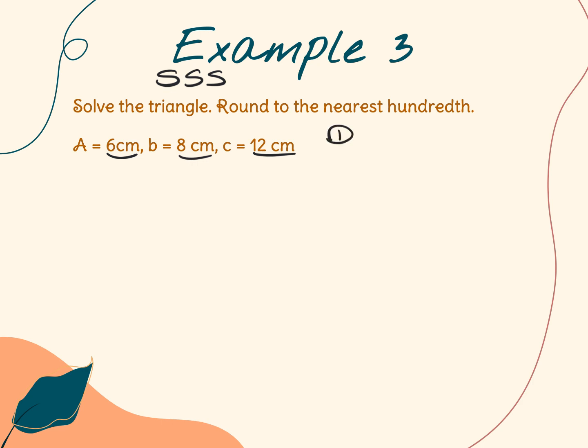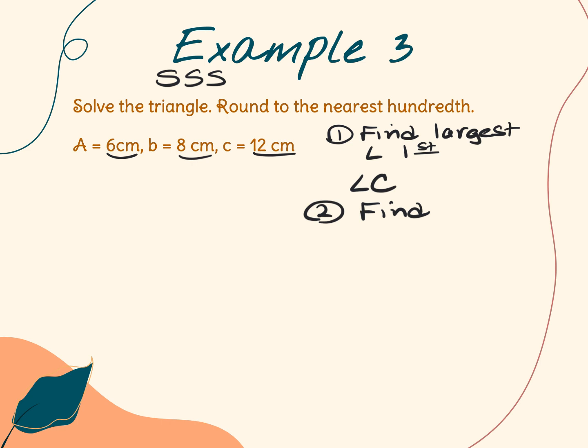So step number 1, I need to find the largest angle first. If I look at the sides, my largest angle in this particular problem is going to be angle C. Then step number 2, I'm going to find the smallest angle just to stay consistent.